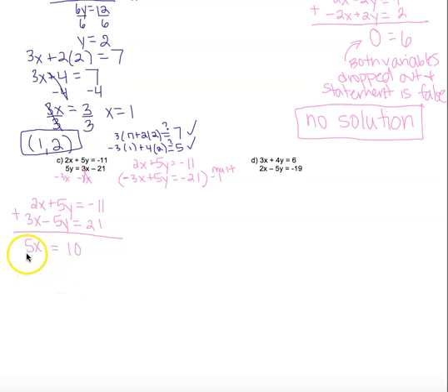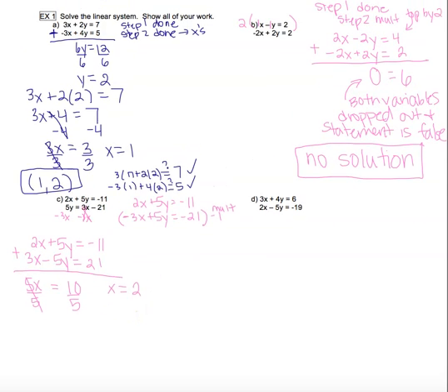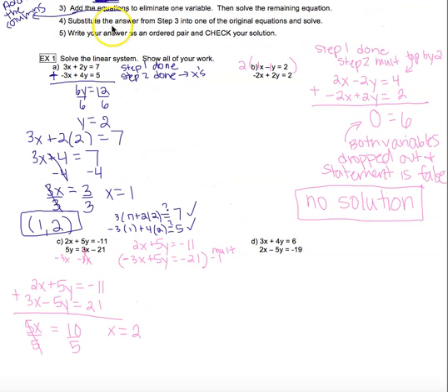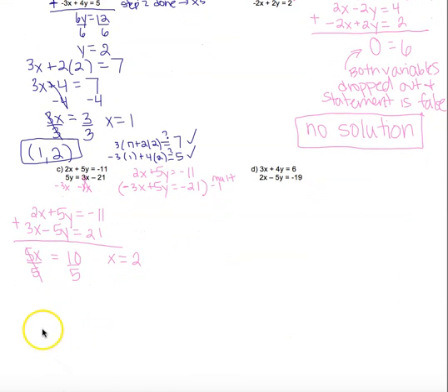Now, to finish out step 3, I need to solve the equation that remains by dividing both sides by 5. And so x equals 2, because 10 divided by 5 is 2. So we did step 3. Now step 4, substitute that answer that we got, x equals 2, into one of the original equations. Again, doesn't matter which one, but one of the original equations.